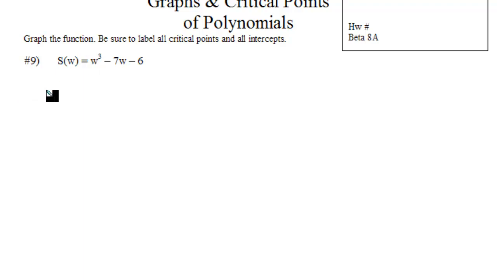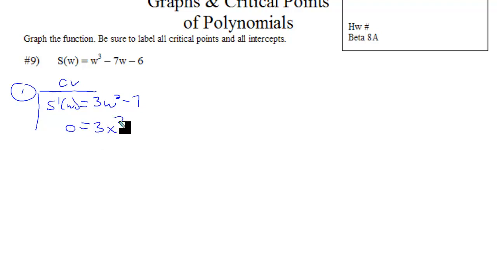All right, number 9. Find critical points, intercepts. Find critical points, you first find critical values. To do that, you take the first derivative, set it equal to 0. Solve that equation.